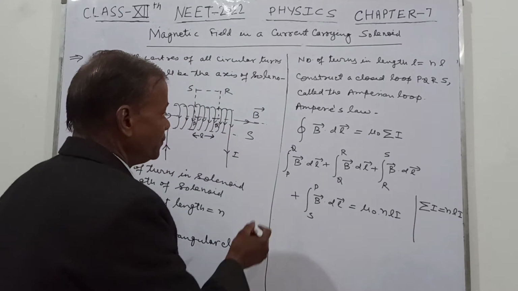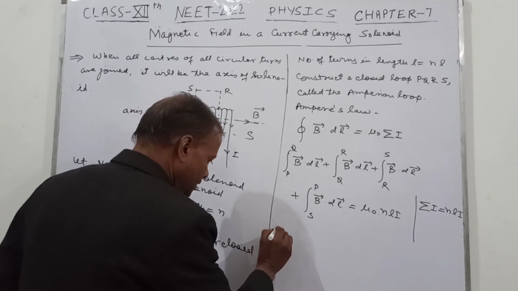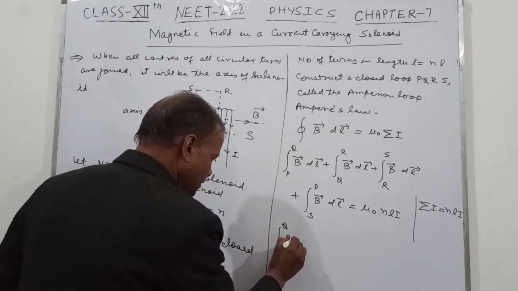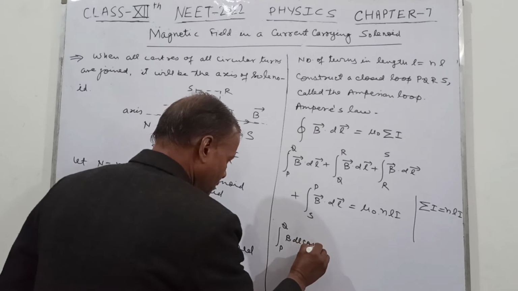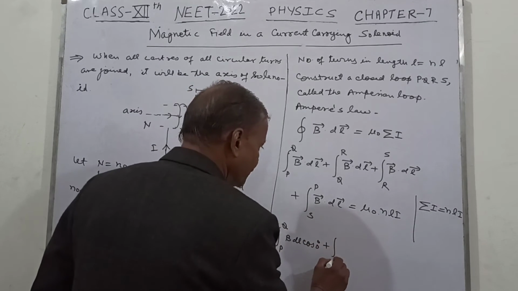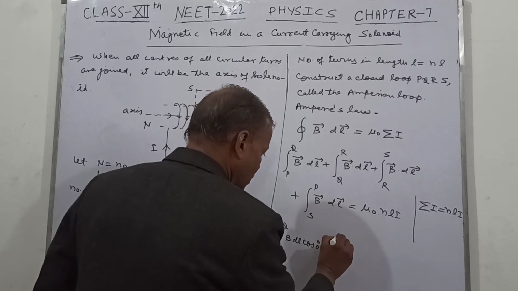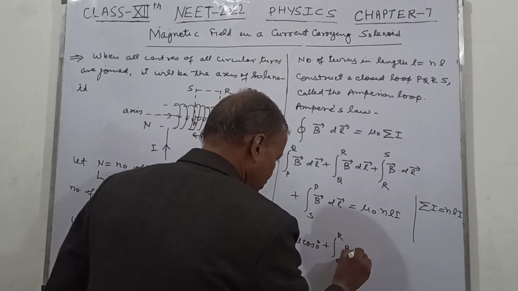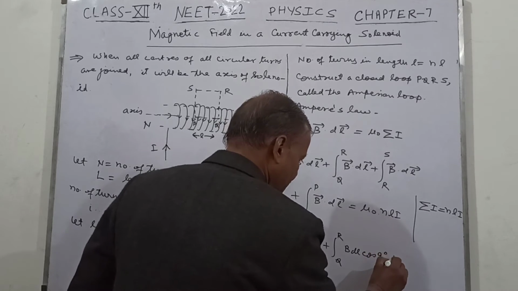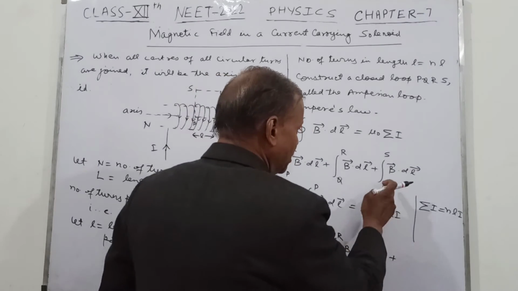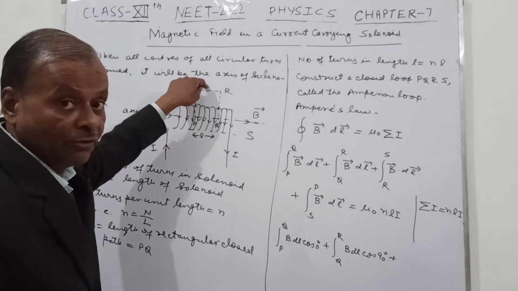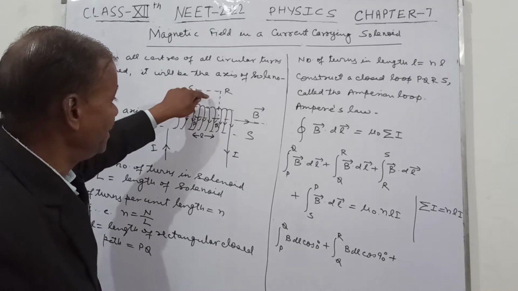So now you can see from here that this integration P to Q is your B dl cos 0 degree, plus integration Q to R is your B dl cos 90 degree, plus, since this side RS is outside this solenoid, there is no magnetic field here.